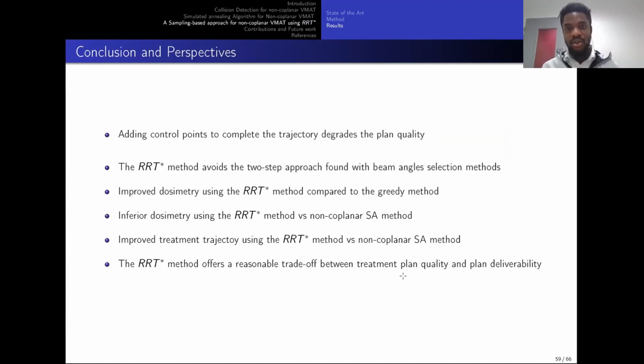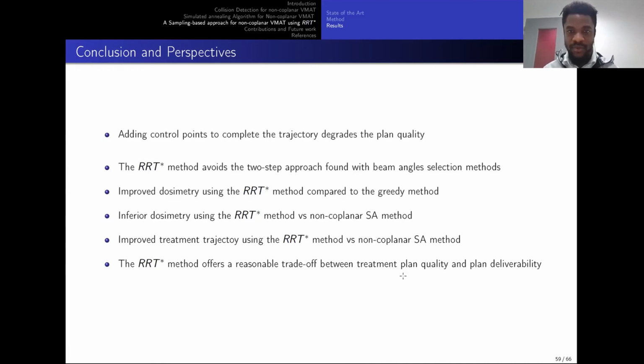In the conclusion, what we saw is that when we add control points, we can have a degradation of the quality of the plan. So using this RRT method, we can avoid the addition of extra control points. There is an improvement in the dosimetry with respect to the greedy method that is in the state of the art, but the dosimetry with respect to the non-coplanar simulated annealing method is inferior.